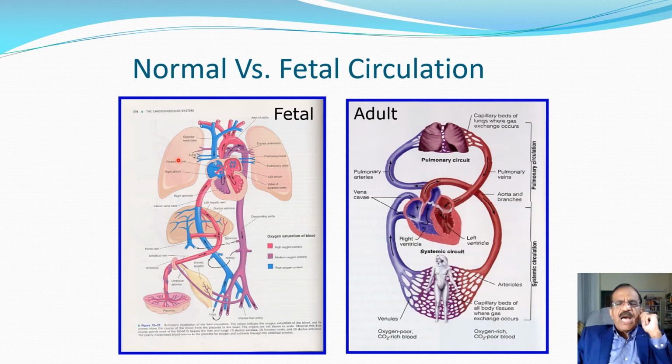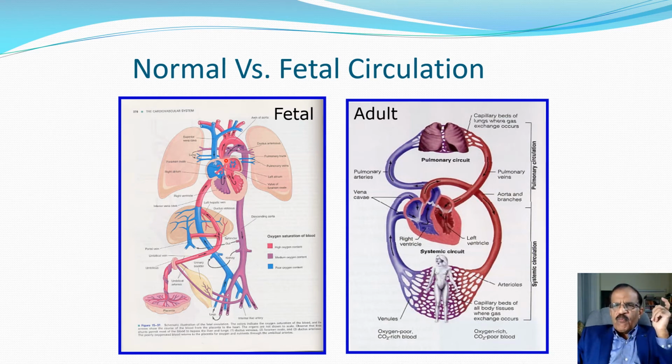Now the lungs are not ventilating, but they do require some oxygen, some circulation. So nature has provided a system of some blood shunting from the aorta to the pulmonary artery through the ductus arteriosus.